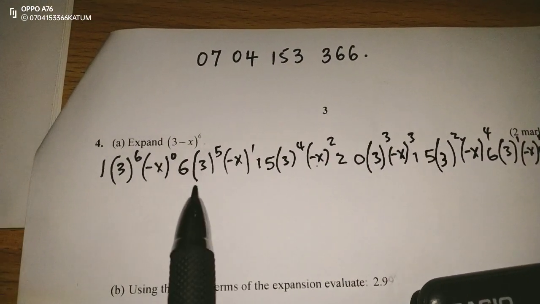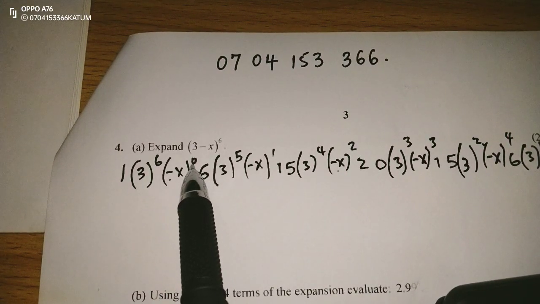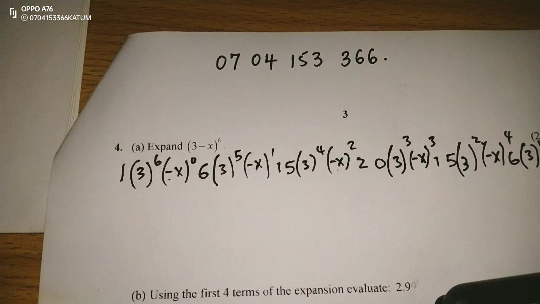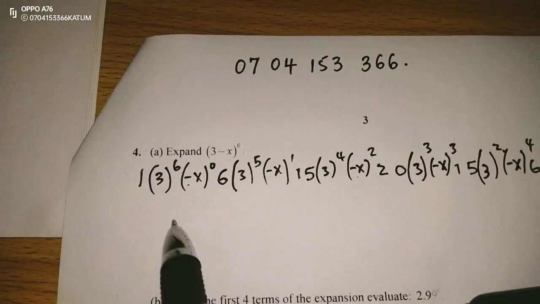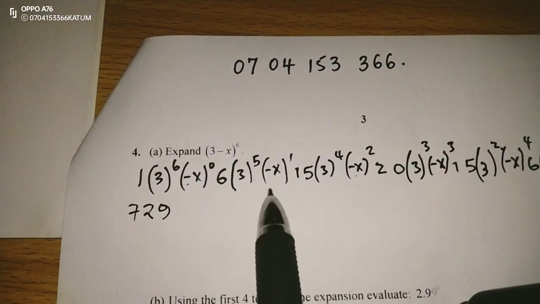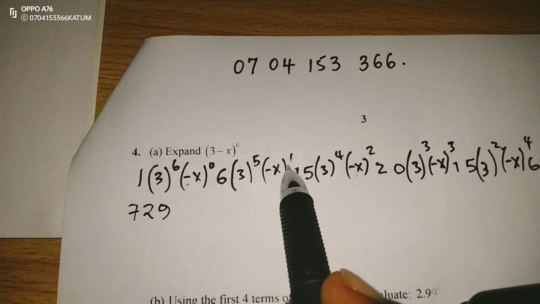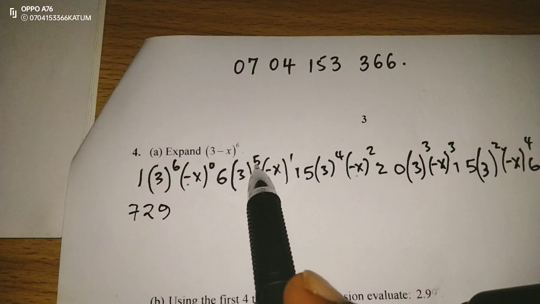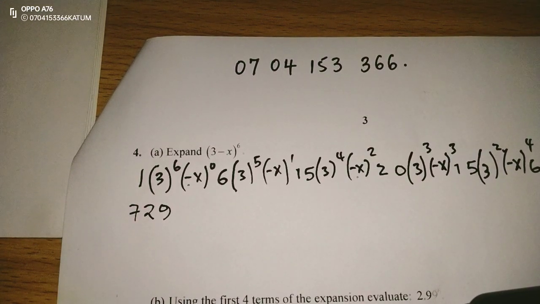Now we can get the exact values. We have negative x power 0, that becomes 1, but 3 power 6 is giving us 729. Then the next will be negative x by 1. It remains negative x. Then 3 power 5 gives us 243 times 6, which is the coefficient there.